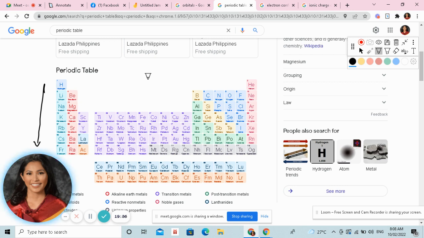Now, we also talk about ionization energy. Who has higher ionization energy?